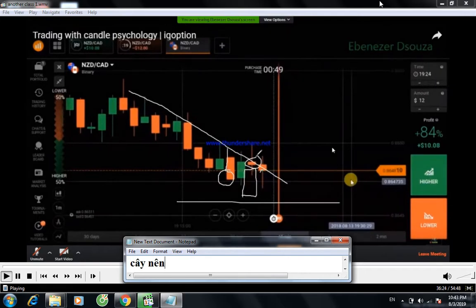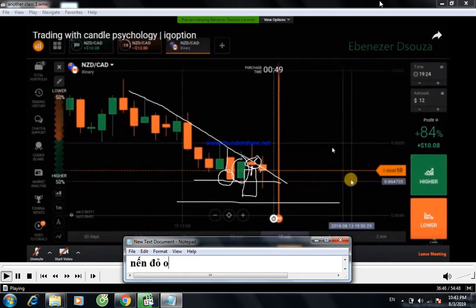It means there are very few sellers at this level, and we are seeing some rejection from buyers. And this is a very strong candle. This candle formed at the middle of the trend. This is the buyer's area.